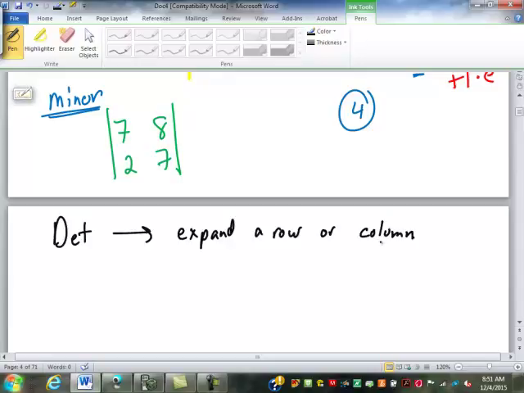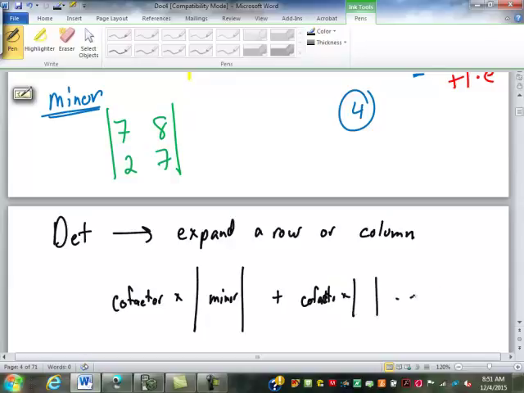And an expansion is each entry's cofactor times the determinant of its minor, plus the next entry's cofactor times the determinant of its minor, and so on, until you've completed the whole row or whole column. That works for 2x2, 3x3, 5x5, 8x8, 27x27.